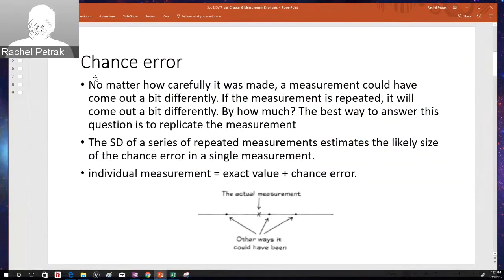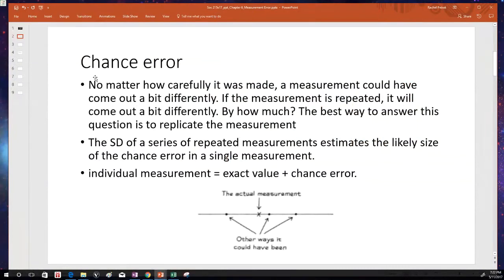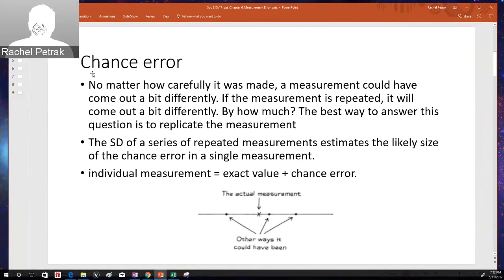If we replicate a measurement, then we can get a standard deviation of a series of repeated measurements. This will be an estimate of the likely size of the chance error in any single measurement. This is an important point we're going to revisit in future topics.